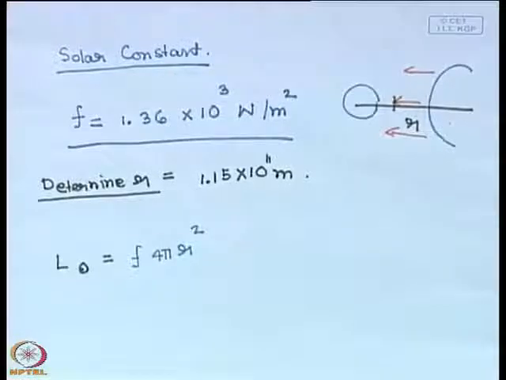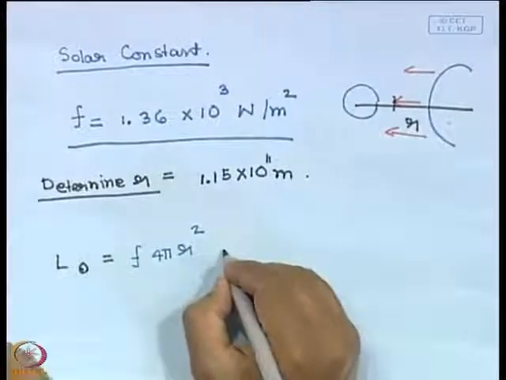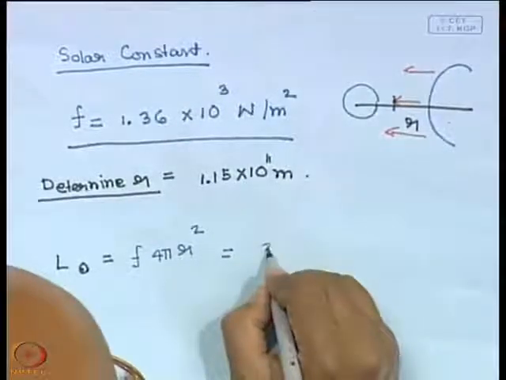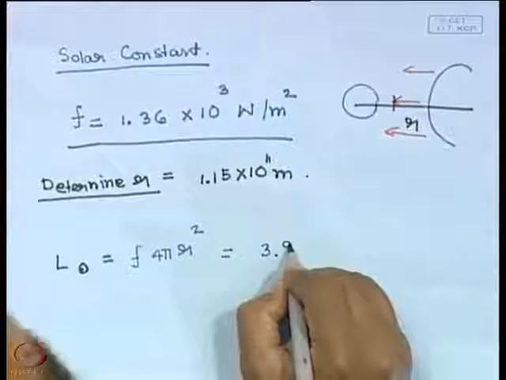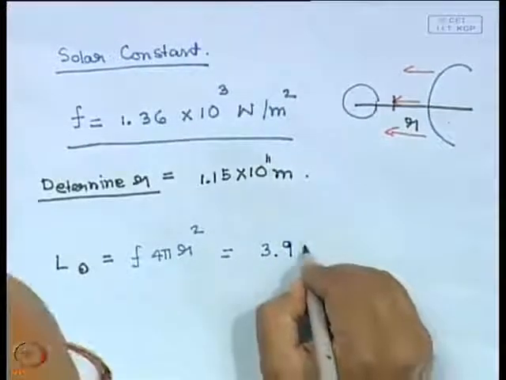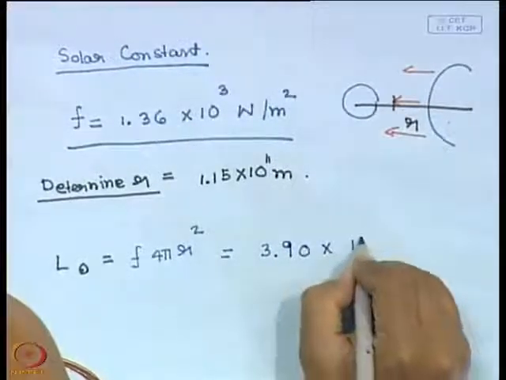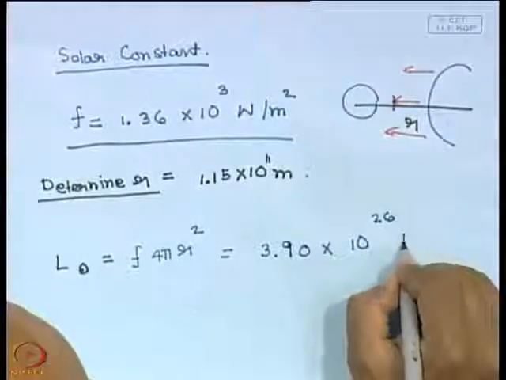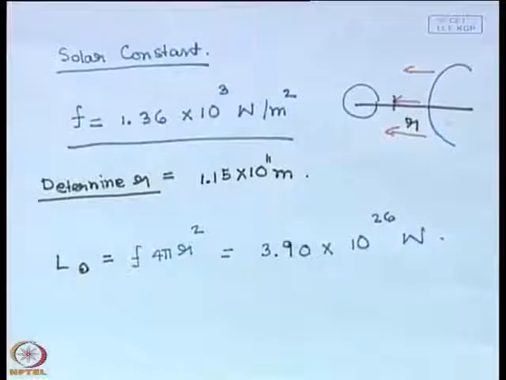And if you do this exercise, then you will find that this has a value which is equal to... that is the total solar luminosity, the total energy emitted by the sun in 1 unit second.